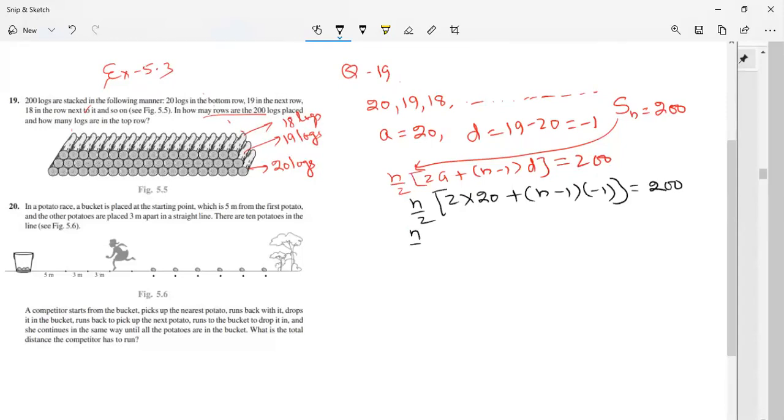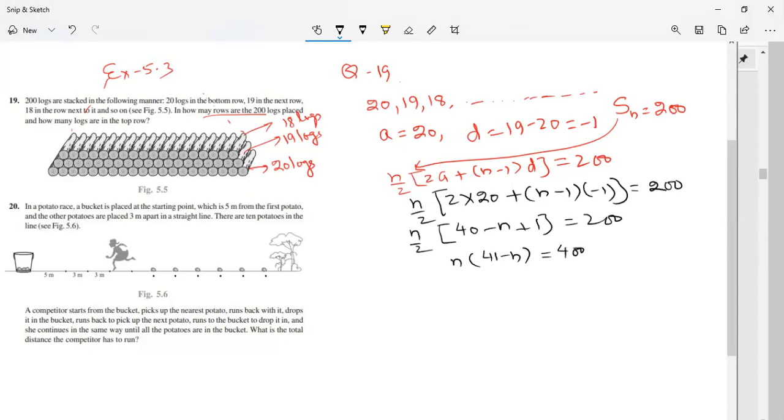Now solve it. n by 2, 2 2s are 4, 40, and minus n, you can multiply inside. Minus 1 times minus is plus 1, equal to 200. So this will become n into 41 minus n is equal to 2 2s are 4. This 2 I have multiplied on the right hand side.